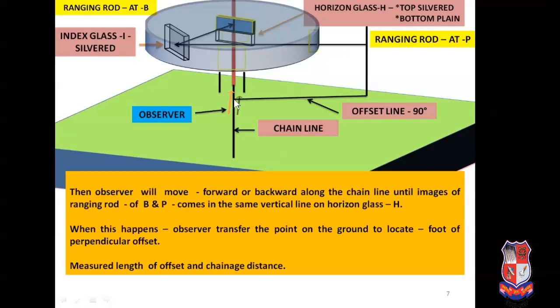That point is known as the foot of the perpendicular offset. Okay, and the measured length of the offset and the distance are taken for further use, the further process. So in this way, the optical square is used to set the perpendicular offset.